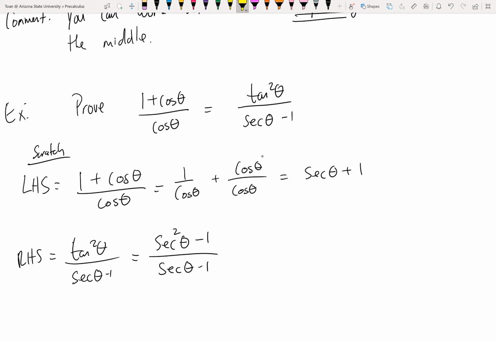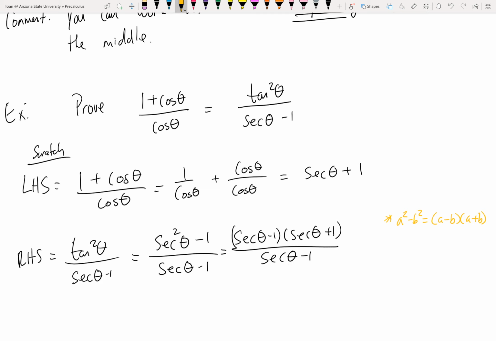Well, I should know that this is the difference of two perfect squares. Remember, a squared minus b squared is a minus b times a plus b. So we can use that to our advantage. So I know that this is secant theta minus 1 times secant theta plus 1.